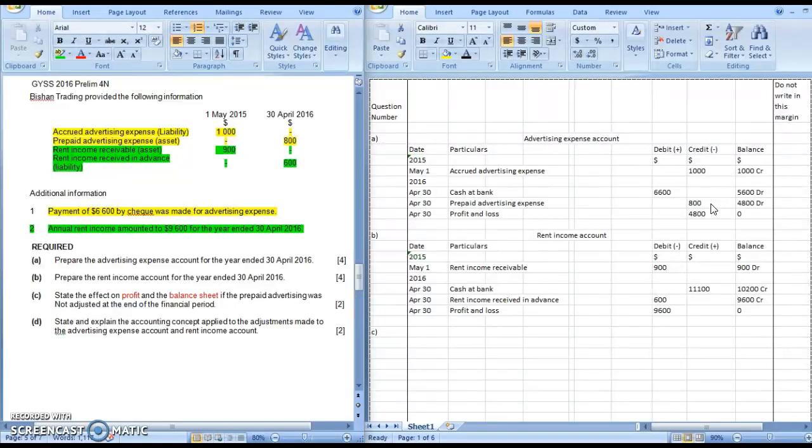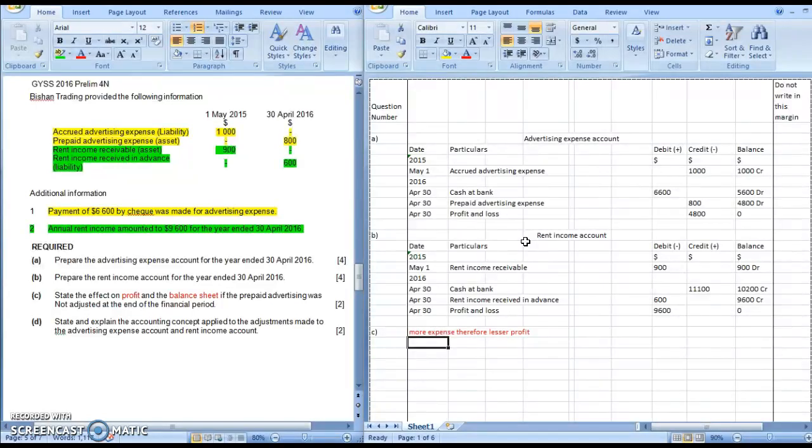If we did not minus away this $800, we would actually have more expenses. Now note that with more expenses, we will actually have an opposite effect on your profit. We have lesser profit.